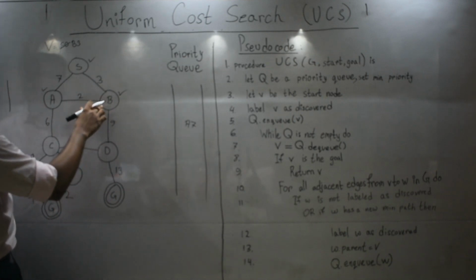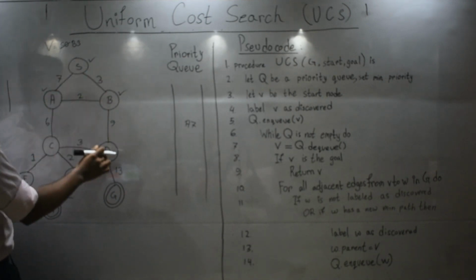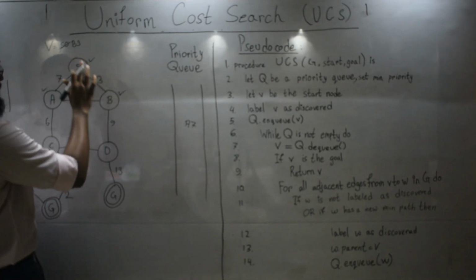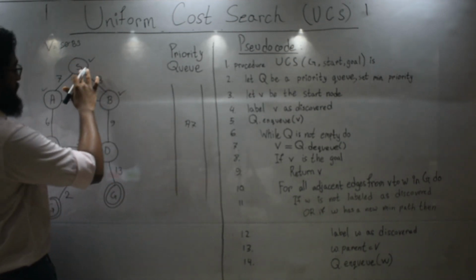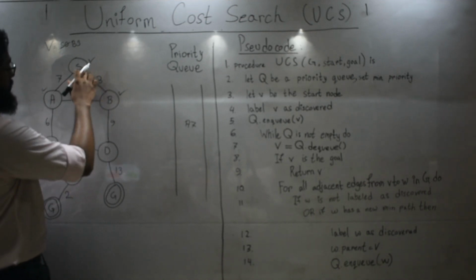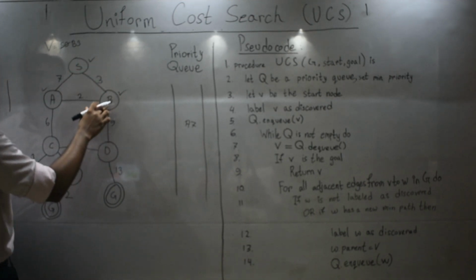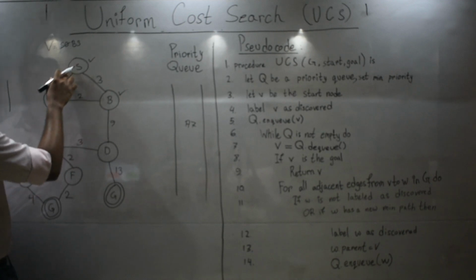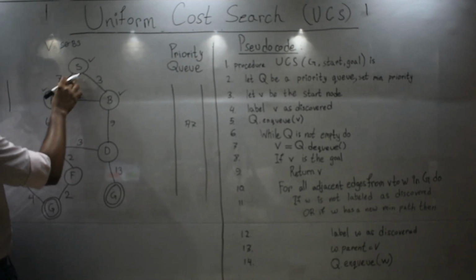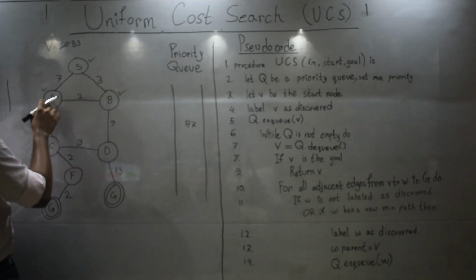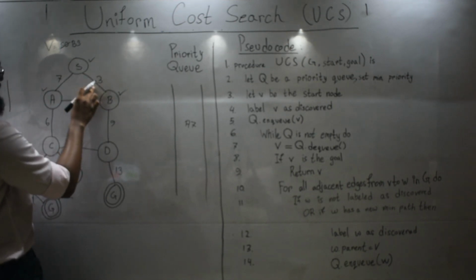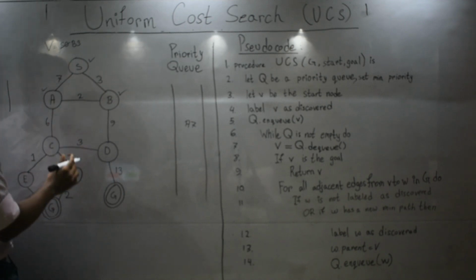Okay. Neighbors of B3 are S, A and D. So S, you will not get a better path than 0. 3 and 3, 6 doesn't make sense. Okay. In case of A, previously it had a path cost of 7. Now, if you go from B to A, if you take this path, it will have 3 plus 2, 5.